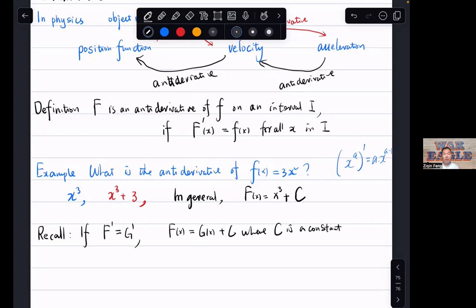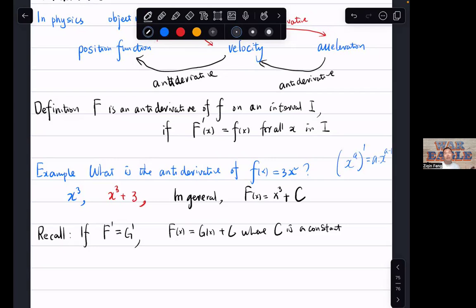In this whole section in chapter 5, c is always a representation of a constant, which could be any number.